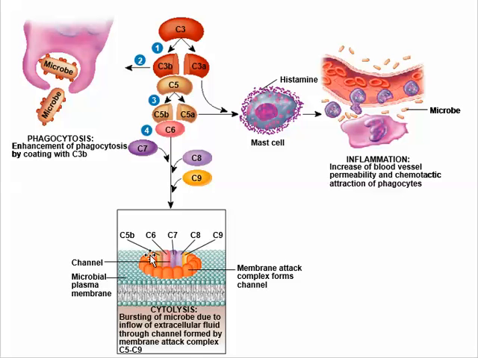They form a ring which makes a hole. We call this ring the membrane attack complex. It makes a channel, and then everything inside will flow out. So basically the cell bursts, the microbe bursts.